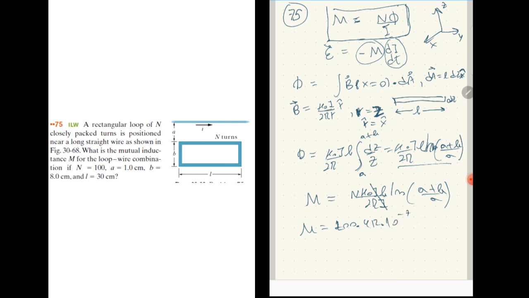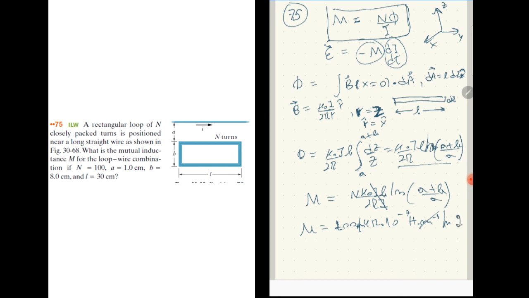10 to the minus 7. I think this is Henry per meter. Actually, there is a meter here, so the meter cancels out with meter to the minus 1. If you see the figure, you will note that a plus b equals 9, because b is 8 and a is 1.